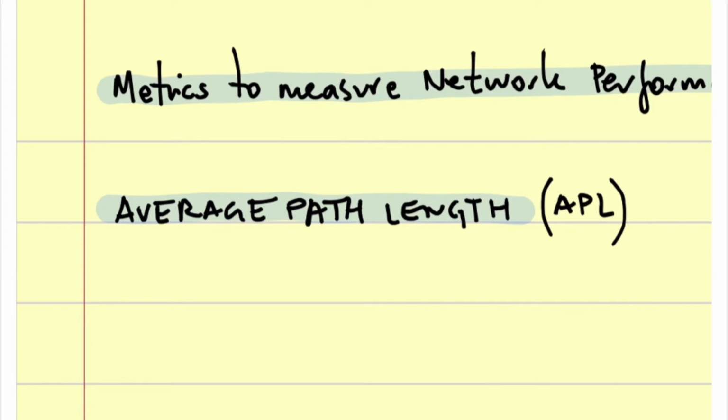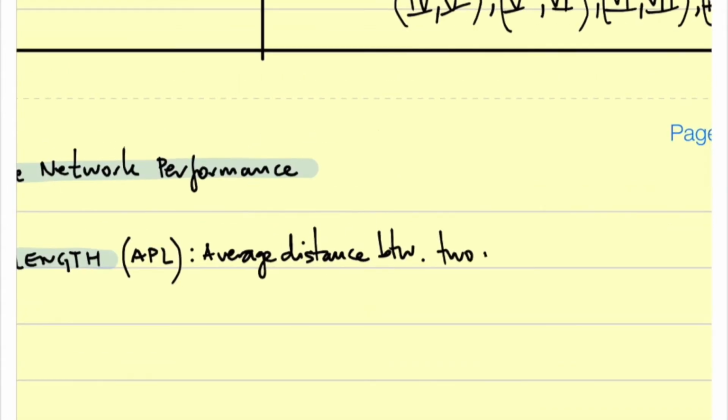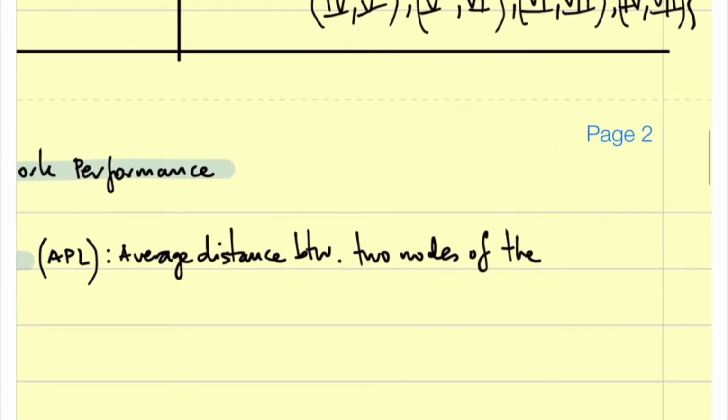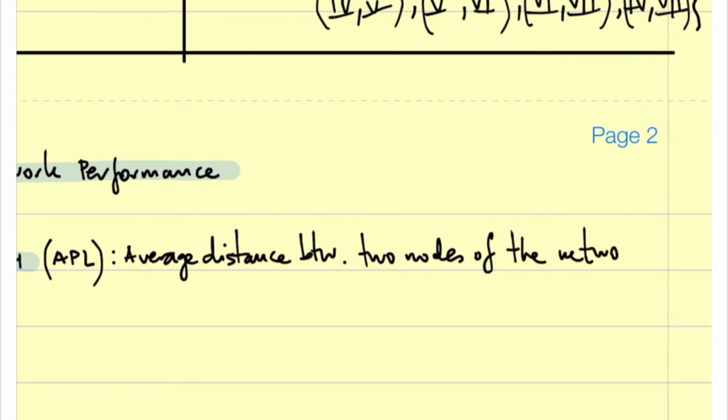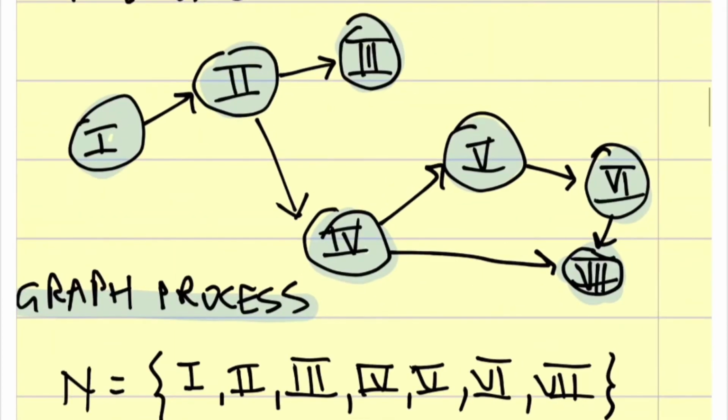Okay, the average path length is the average distance between two nodes of the network. So if we take two nodes of the network, let's say here, we want the average path length to be the average distance between any two nodes in the network.